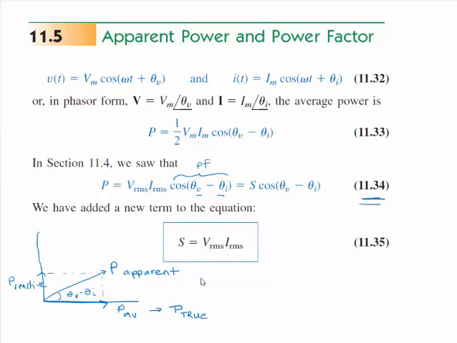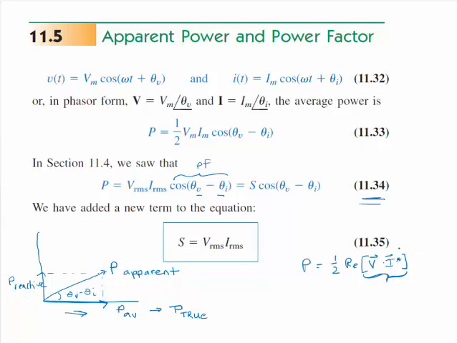If I were to have found power by calculating 1/2, so power average is 1/2 the real part of V, which is a vector, times I complex conjugate, which is a phasor. The real part is this horizontal part of the axis of my plot right there. And the imaginary portion of calculating that would be your power reactive.